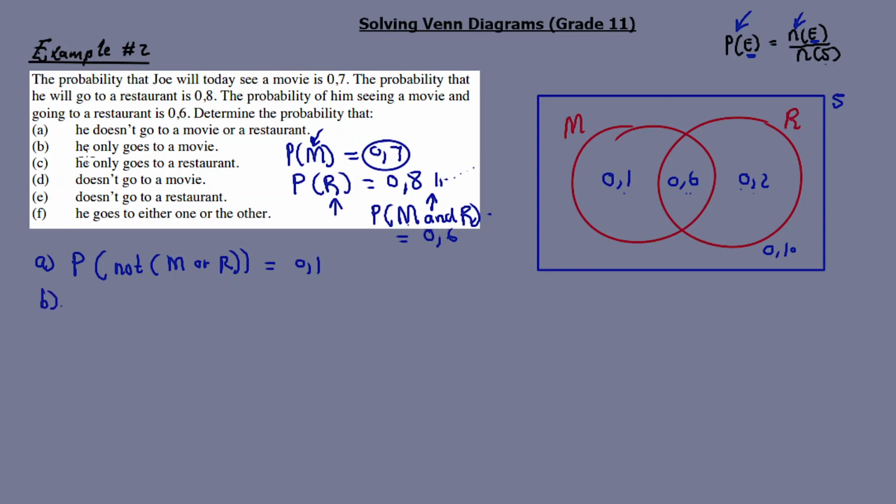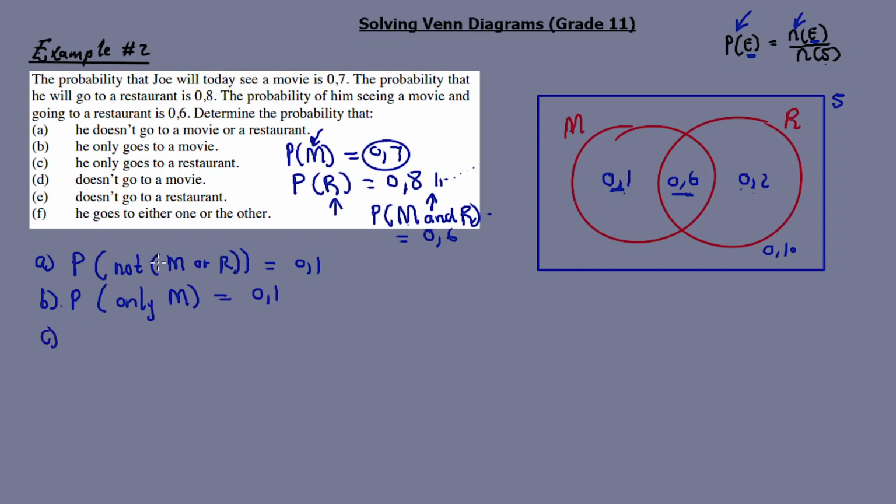B, he only goes to a movie. The 0.6 is when he goes to the movie and the restaurant. This 0.1 is outside the intersection but within event M. So the probability of only going to the movies is 0.1.